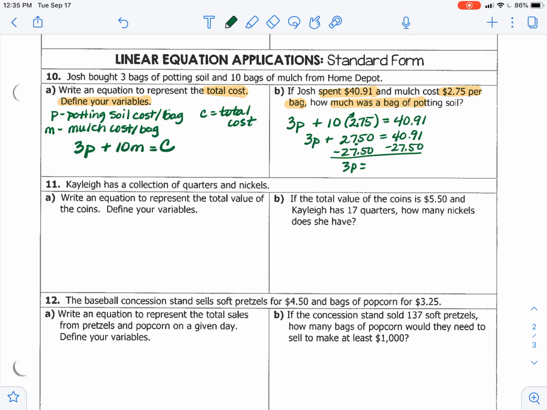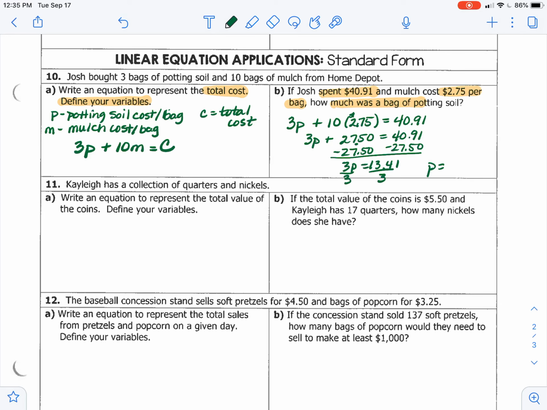So 3P, oh, can I do that in my head? 4, 3, whoops, I ran into that. Let me erase that so you can read it. So again, 1, 4, and 3, and I borrowed, didn't I? There we go. So 1 left. Okay, and then divide by 3.